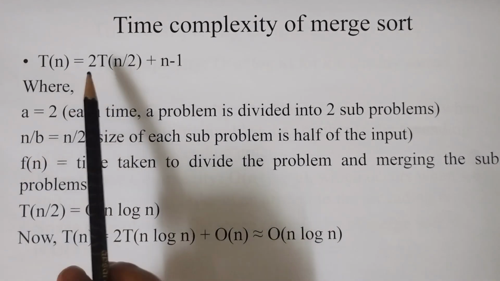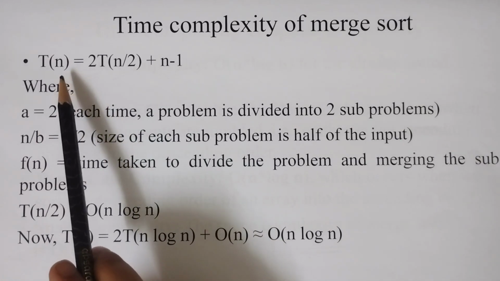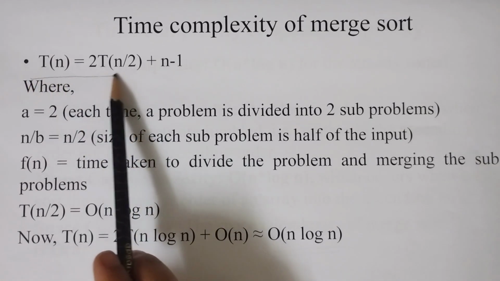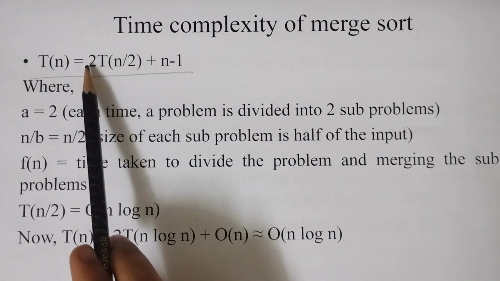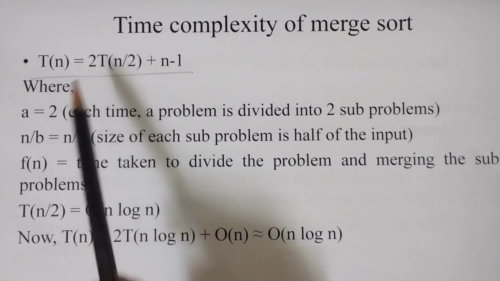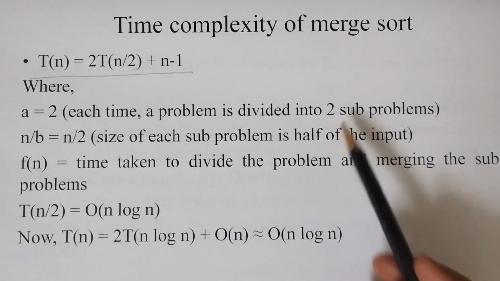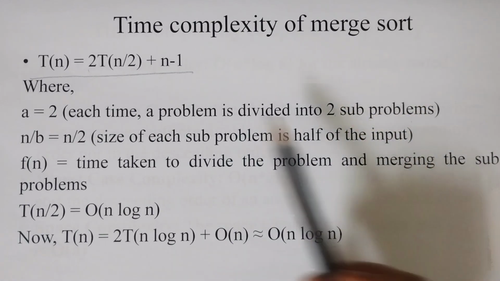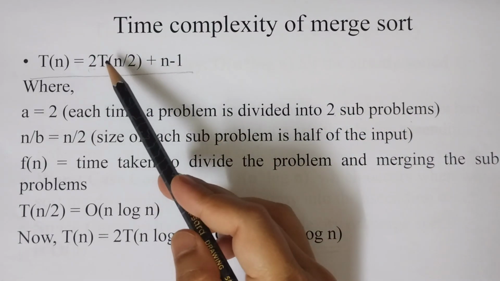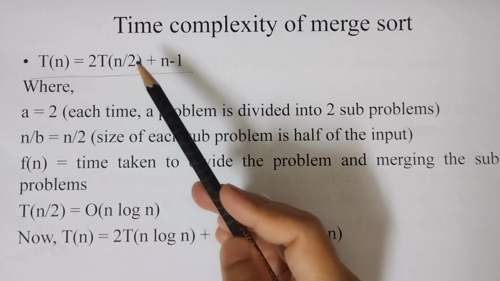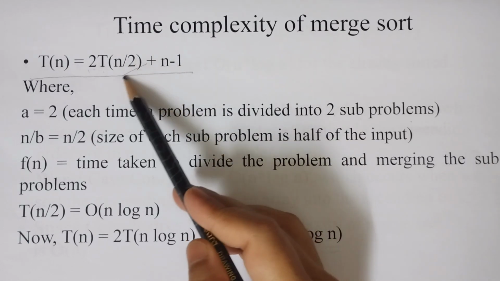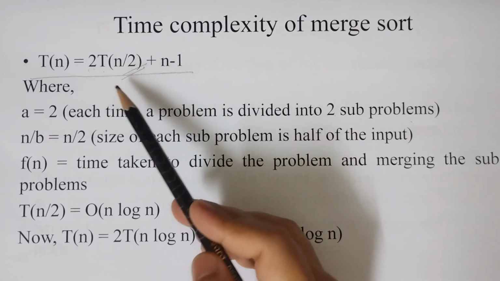So coming to the recurrence relation of merge sort. This is the recurrence relation for merge sort algorithm. Here this value 2 represents that each time we are dividing the problem into two subproblems. That is why this 2 is given. And coming to T of n by 2, the n problem is divided into half, right?